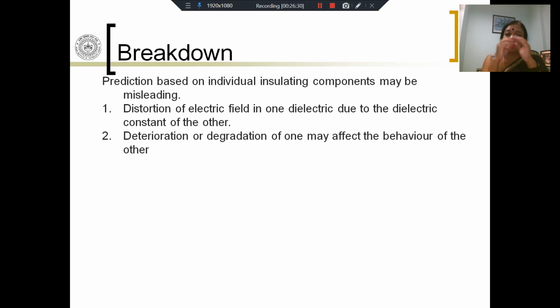But when you have two solid materials, let's say pure solid materials pressed next to each other, the dielectric can break down due to various factors. Distortion of electric field in one dielectric due to the dielectric constant of the other. As I say, the electric field E1 changes if the permittivity epsilon 2 changes.